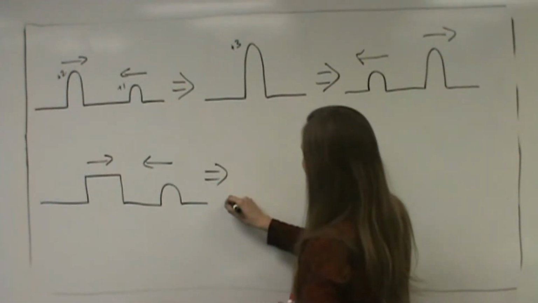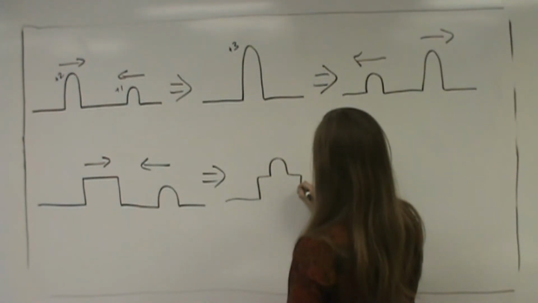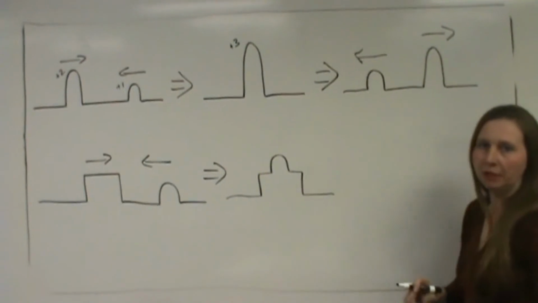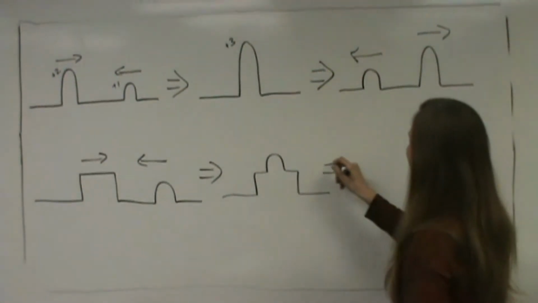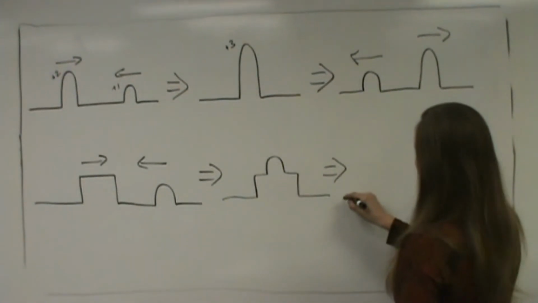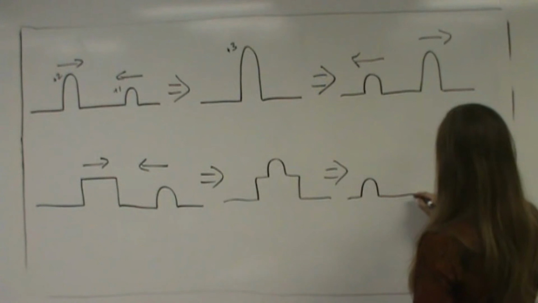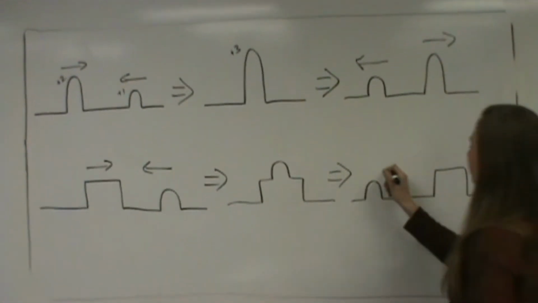Then they pass through each other undisturbed. So, the hump will be on this side, the square will be on that side. And he keeps going that way, and he keeps going that way. All right? So again, all of these are examples of constructive interference.